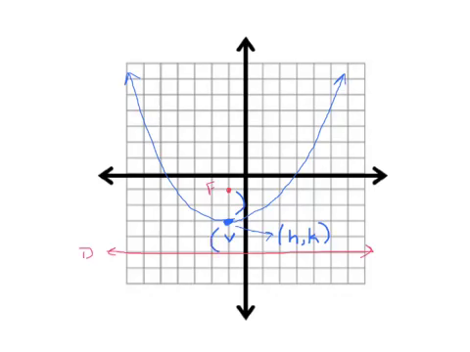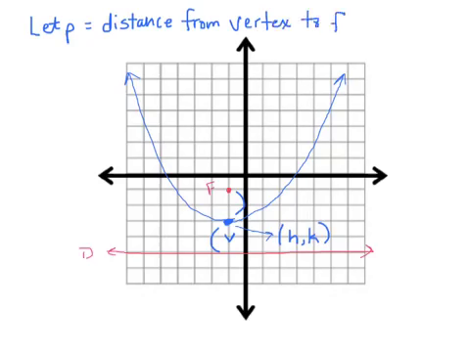And so we're going to let p equal that distance. So I'm going to write this up here. Let p equal distance from vertex to focus, and it's also the distance to the directrix.